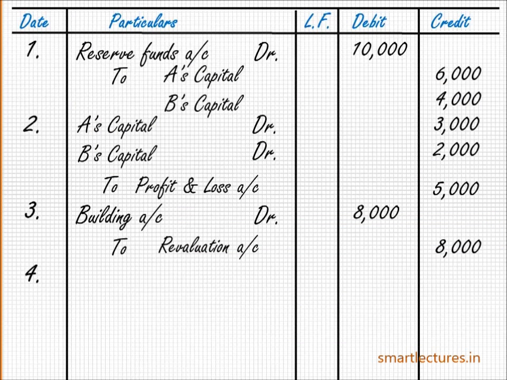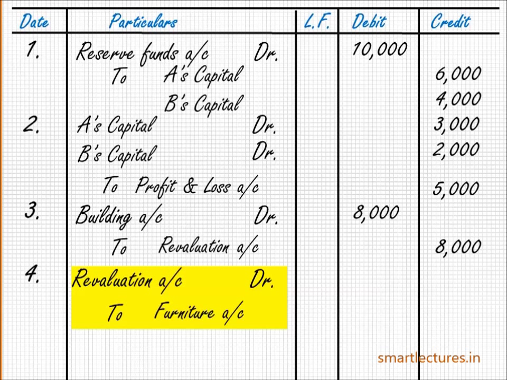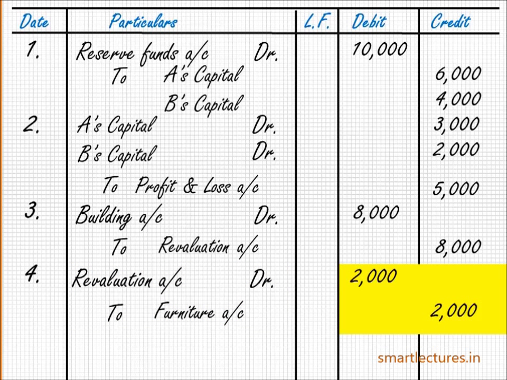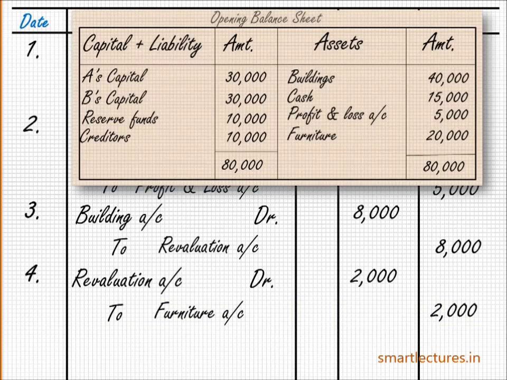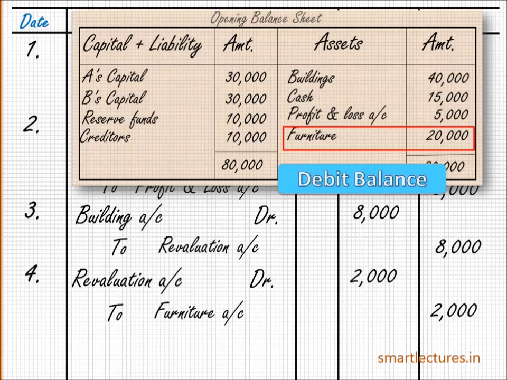So revaluation account debit rupees 2,000 to furniture rupees 2,000. Furniture account has been credited. What it means? We have reduced the value of furniture by rupees 2,000, because furniture is always shown on the asset side. It carries debit balance. If we want to reduce the value, we will have to credit.